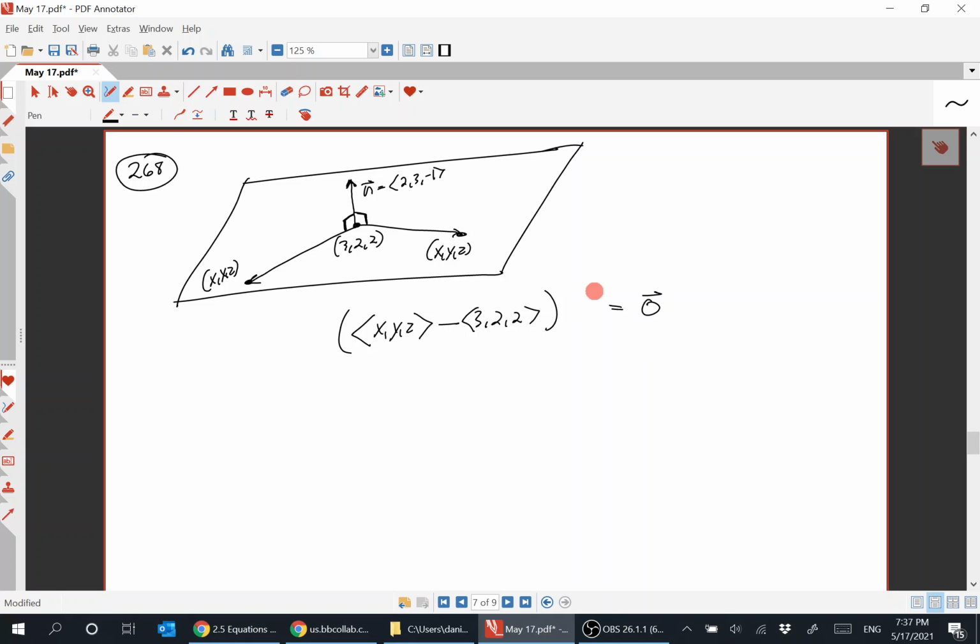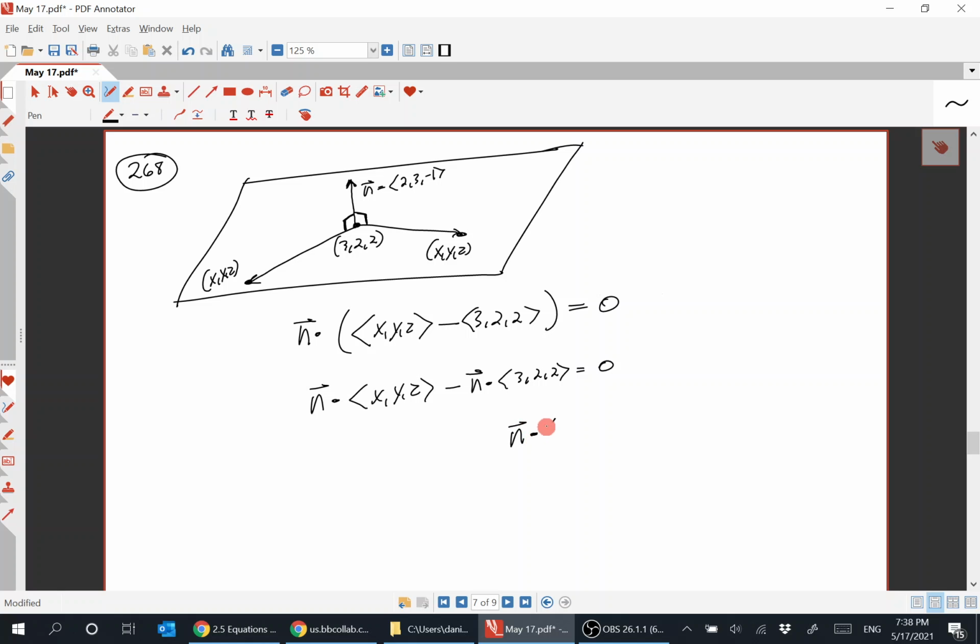But let me write it this way. It's not typically written like this. I would rather distribute. So it's n dot x, y, z minus n dot 3, 2, 2 is 0, and then just move that over here.